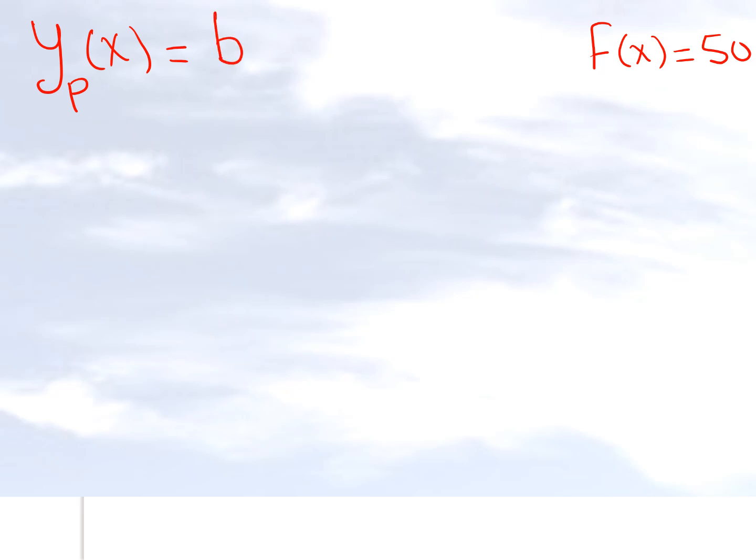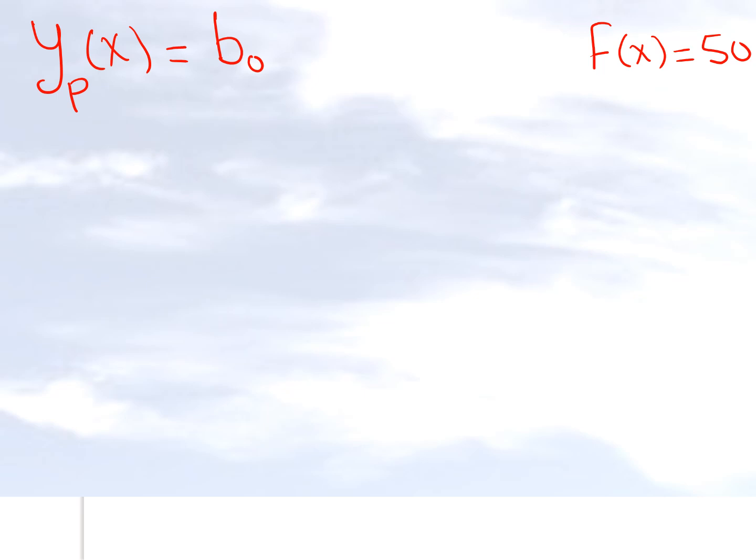Now we can propose the particular solution yp of x. yp of x would be a scaled version of the function on the right-hand side of the differential equation, f of x, which was a constant 50. So yp of x would be simply b0, a constant. To solve for this b0, we substitute our proposed solution into the differential equation.